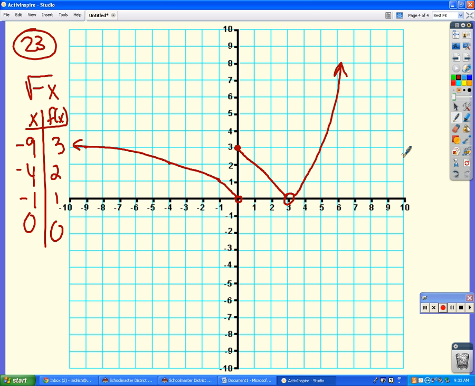What's the limit as x approaches 3 from the negative side? 0. What's the limit as x approaches 3 from the positive side? 0. What's the limit as x approaches 3? 0, because those are the same. Where is f discontinuous? Right there at x equals 0, and right there at x equals 3.